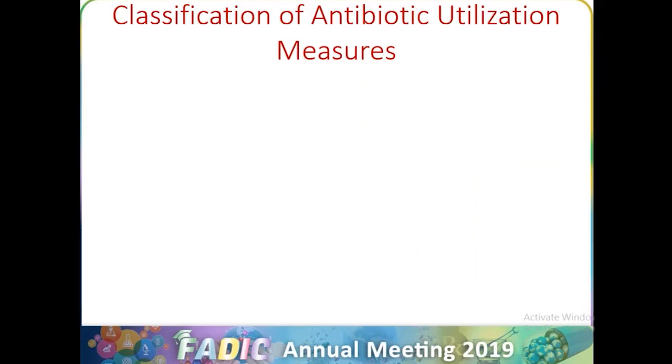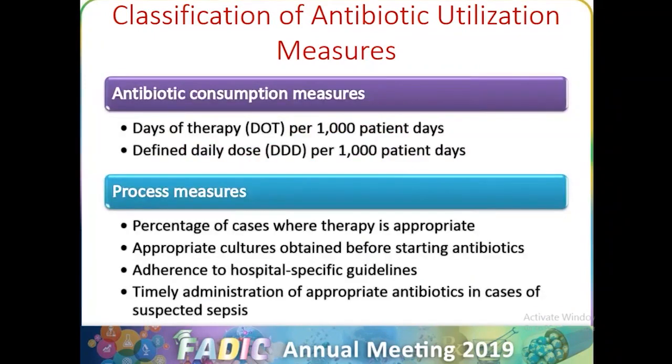Which basically means that after we have implemented the interventions or the strategies, we have to go back and either prospectively track the performance of these interventions, or retrospectively, after a certain period of time, compare the outcomes after the implementation of the intervention with the outcomes prior to the implementation, and see if there is actually an improvement in the antibiotic prescribing and the resistance and in certain measures that I'm going to mention in these details.